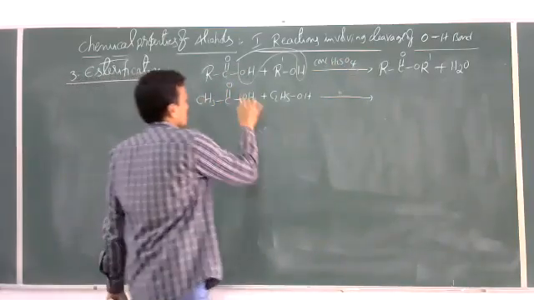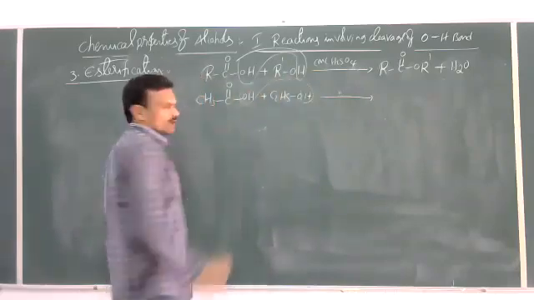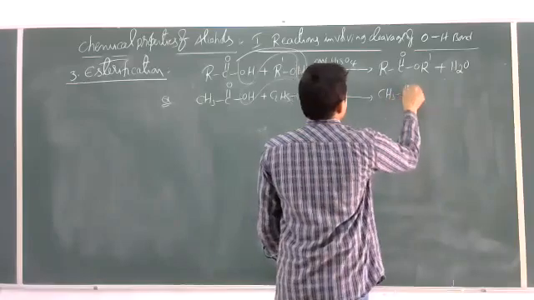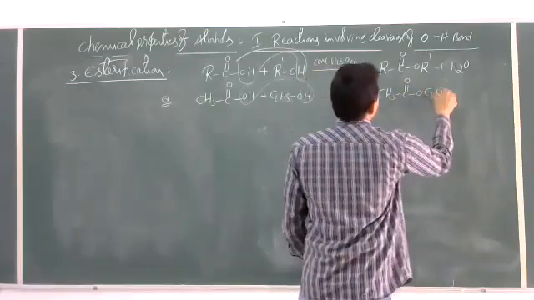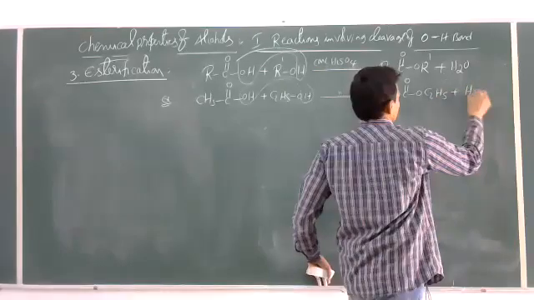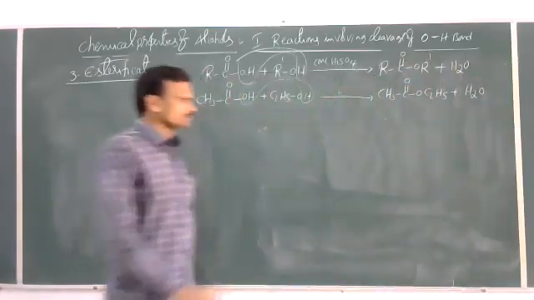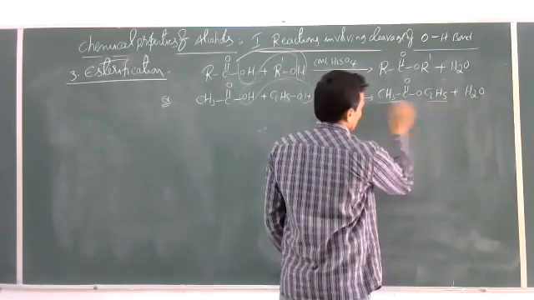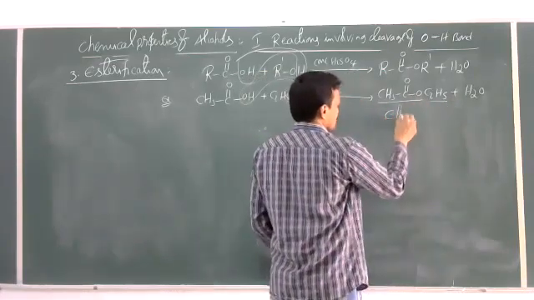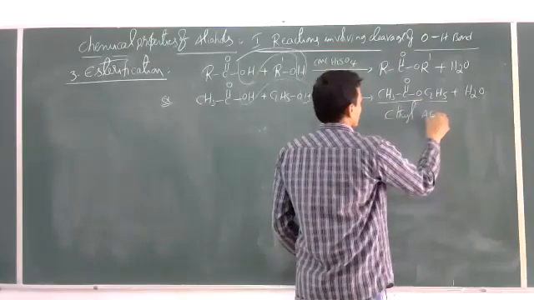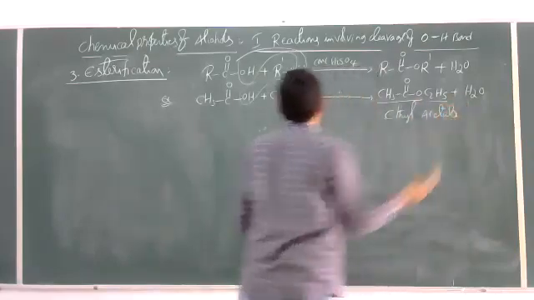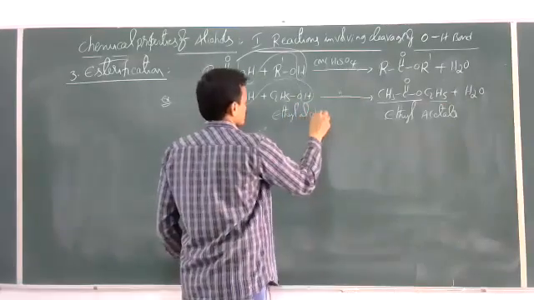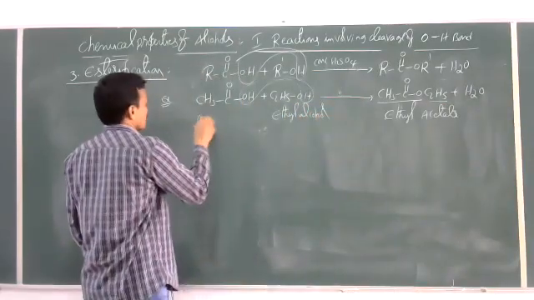Then there is elimination of water, and we can get CH3COOC2H5 plus water. What is the name of this compound? This is nothing but ethyl ethanoate or ethyl acetate, common name. Ethyl acetate. So this is ethyl alcohol. This is acetic acid.